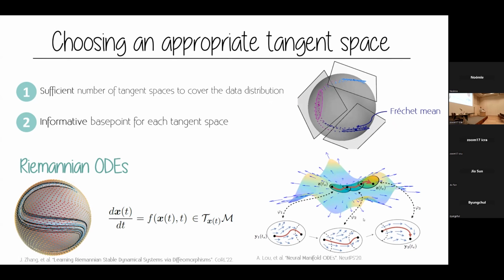How many charts we choose and how many iterations we take to solve the ODE on the tangent space of the chart is still a design choice that we have to consider. This might be easier in constant curvature manifolds, because we know that the change of the curvature is constant, obviously, but in non-constant curvature manifolds, this choice can probably be harder to make.